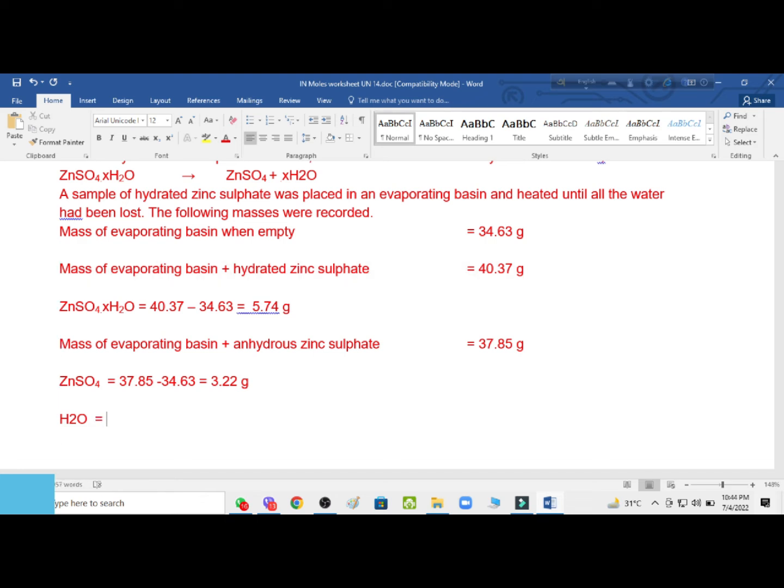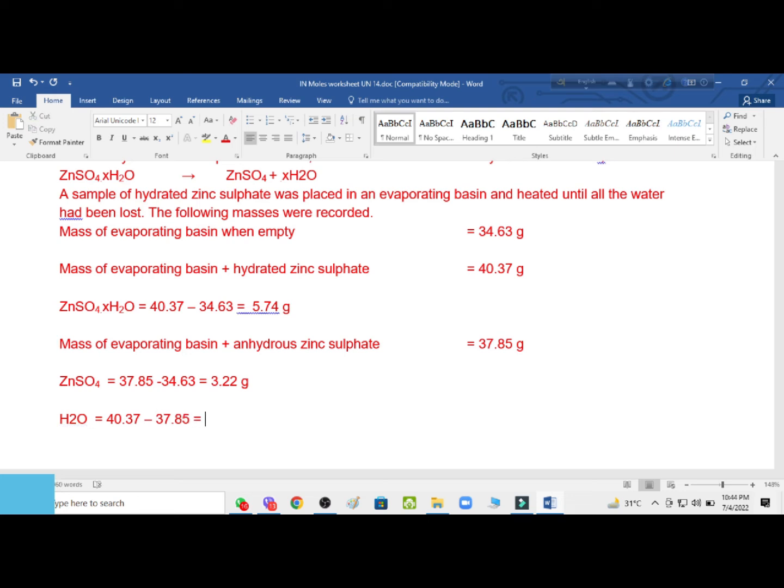So that we do 40.37. This is the mass of three things: container, water, and the zinc sulfate. The last one, which is here, 37.85. This is the mass of two things, container and zinc sulfate. So subtract this to get mass of water.